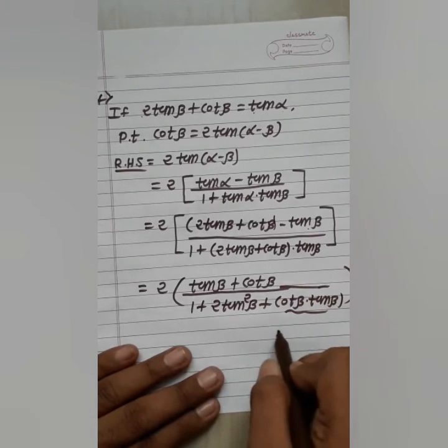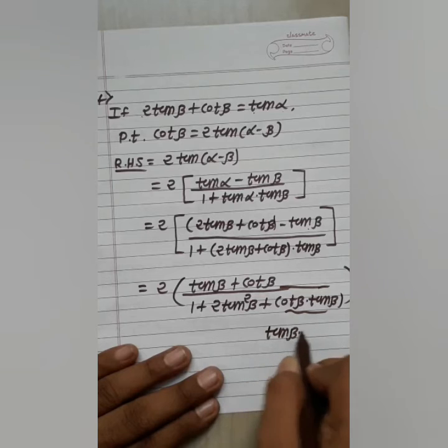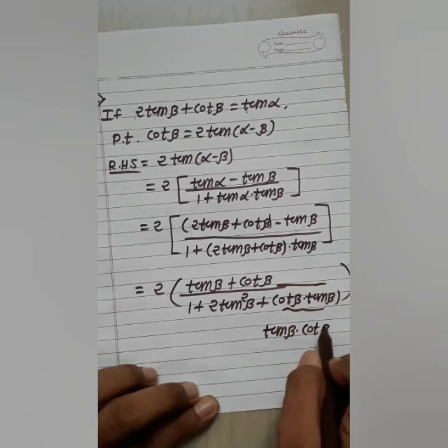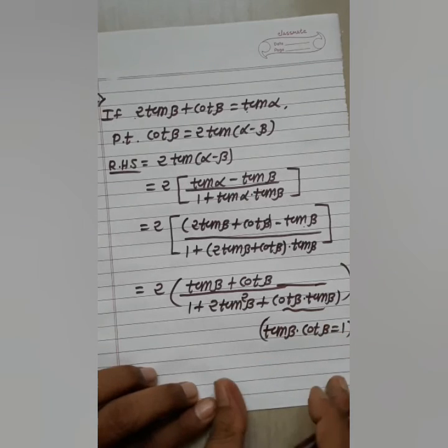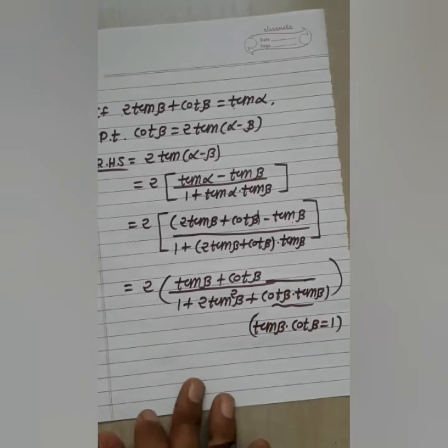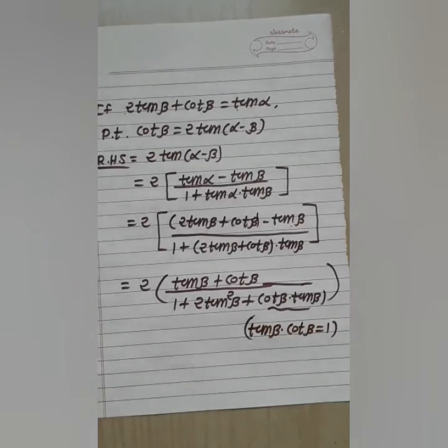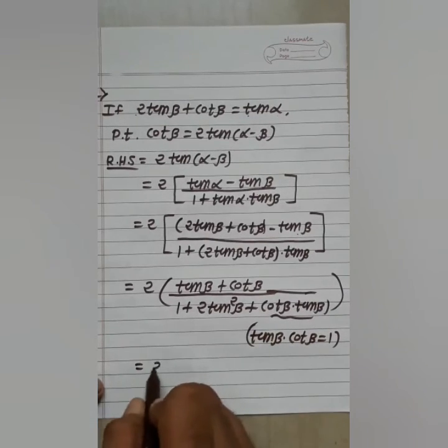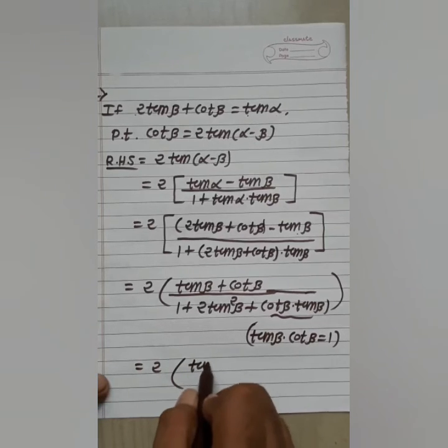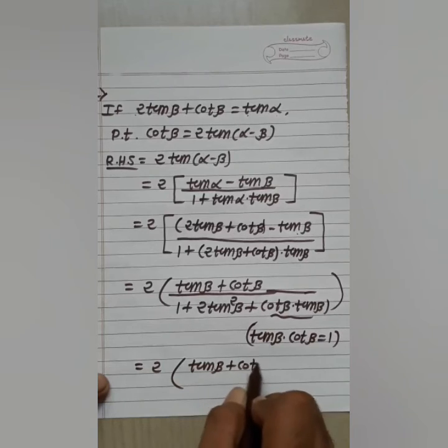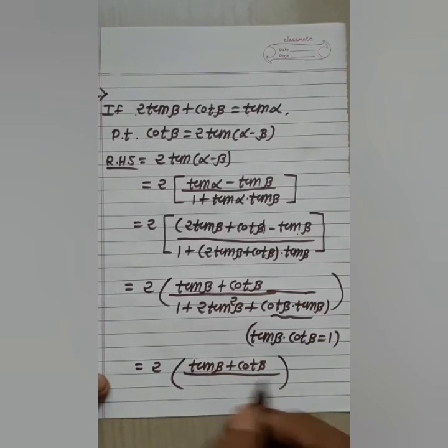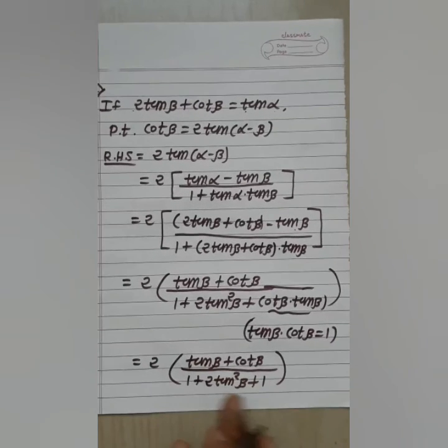So this value we get is 1. So here we can apply tan beta into cot beta in place of 1. So it is equal to 2 into bracket tan beta plus cot beta, bracket over, upon 1 plus 2 tan square beta plus 1. Now 1 plus 1, that means 2.